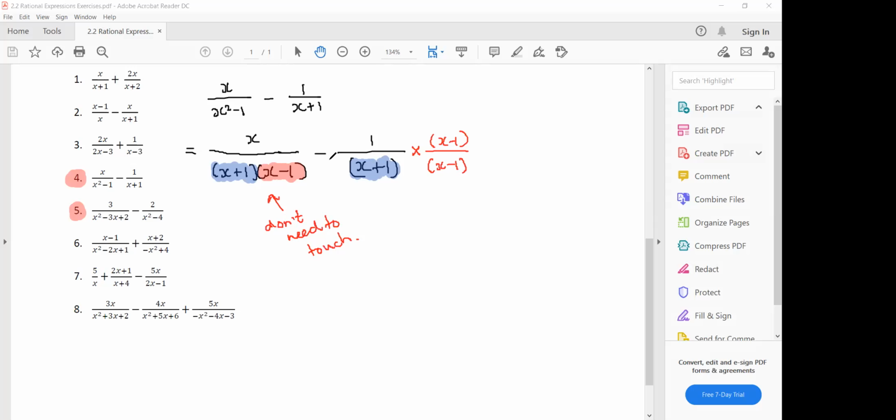Remember, the whole goal is to have the denominator the same. So why put more work on yourself? This is why you factor first, to see if you can lower the amount of work you have to do and only work with pieces.